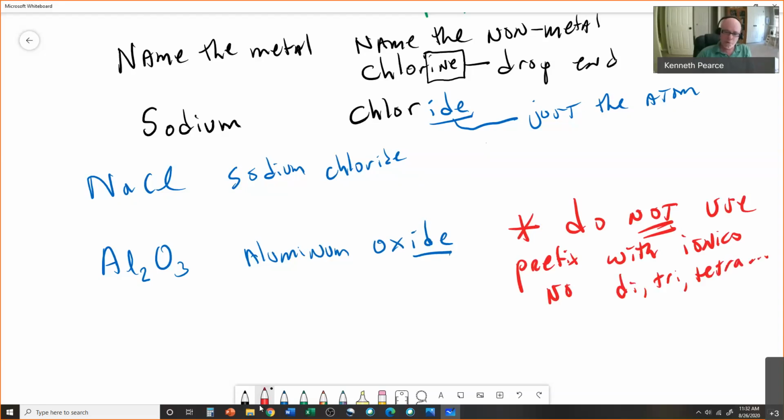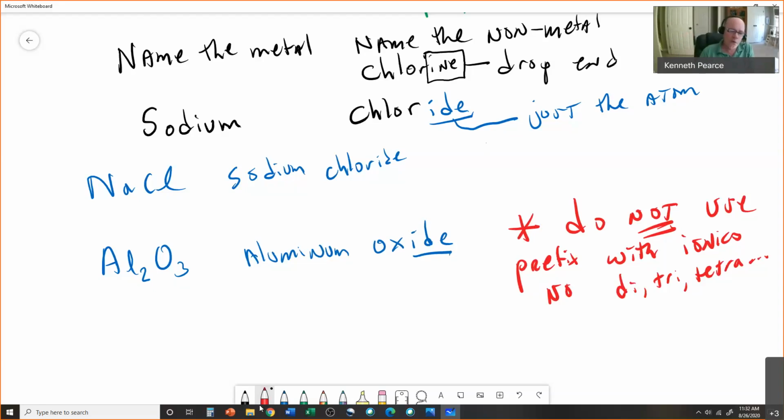Don't do it. This is not dialuminum trioxide. It's just aluminum oxide. It's understood there are three oxygens. It's understood there are two aluminums because we got those numbers from crossing the charges in the first place.